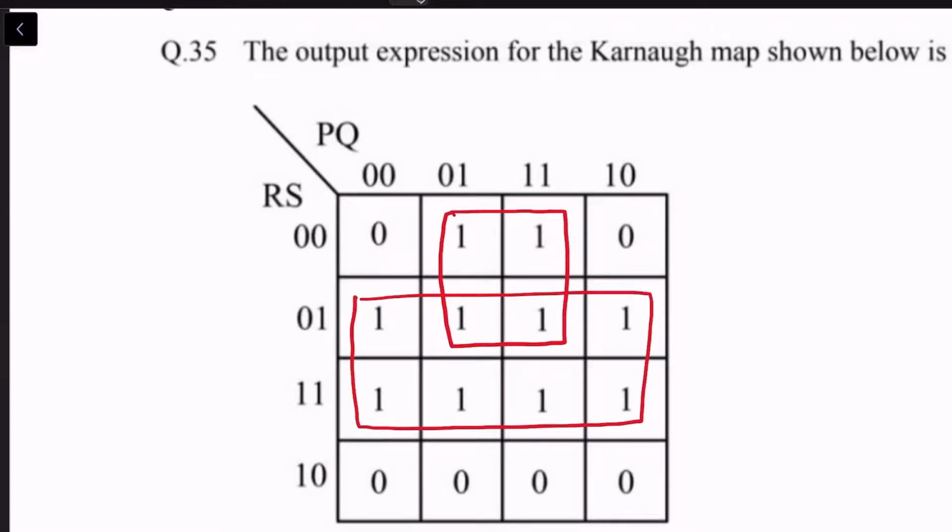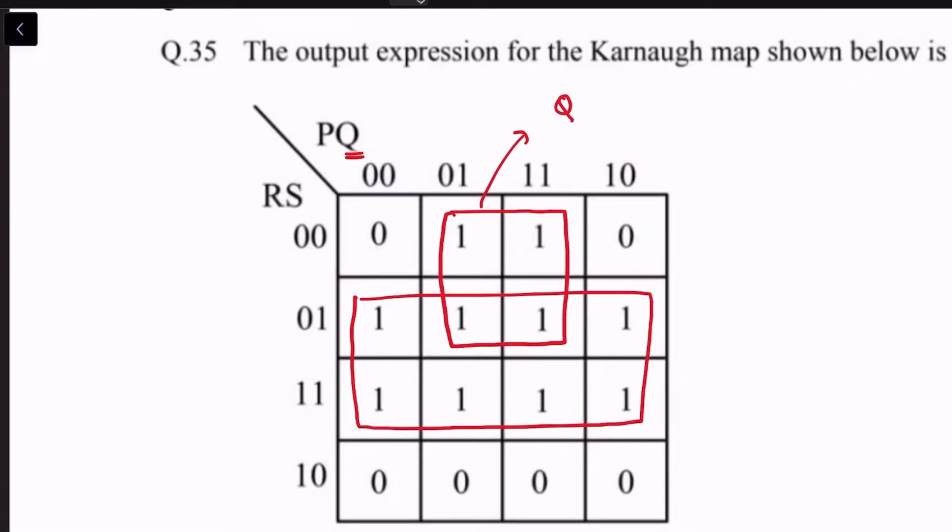Now to find out what this grouping represents as a logic simplification, right? So what's common between these two cells is 1 and 1. So that is in the position corresponding to Q, and since that's a 1, I put a Q here.